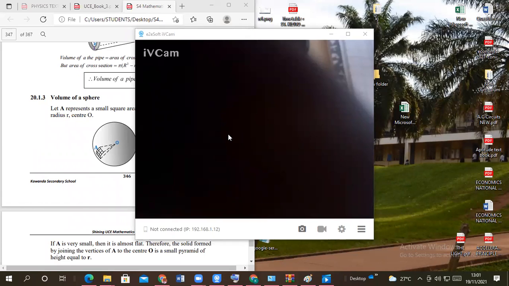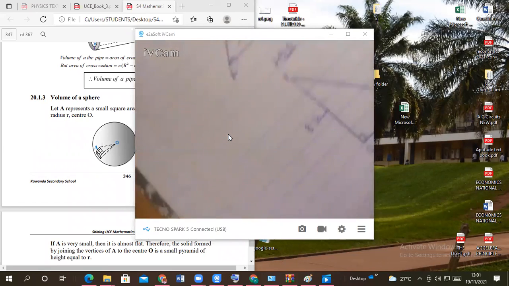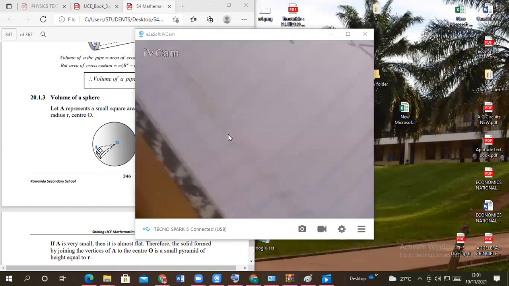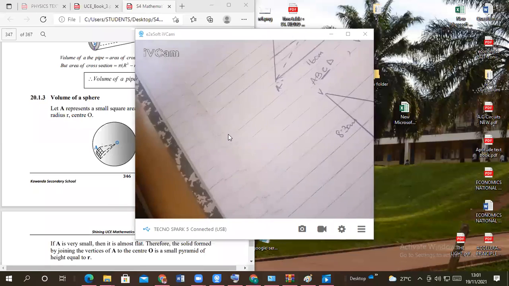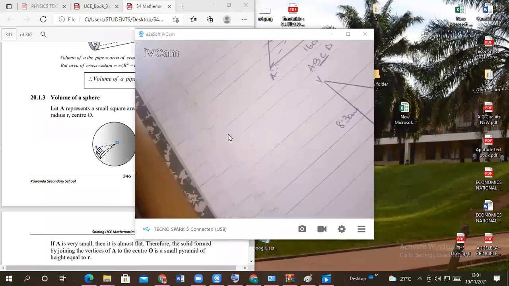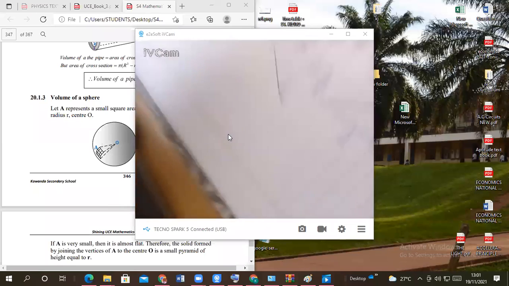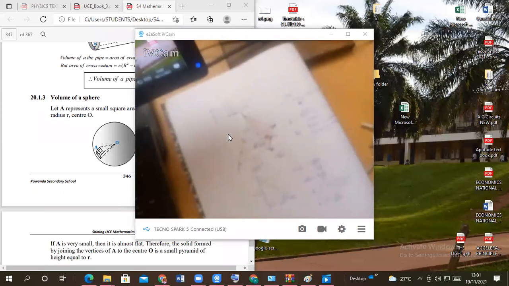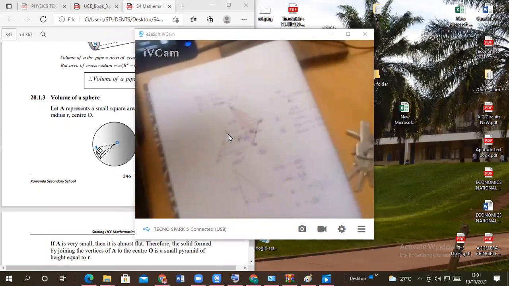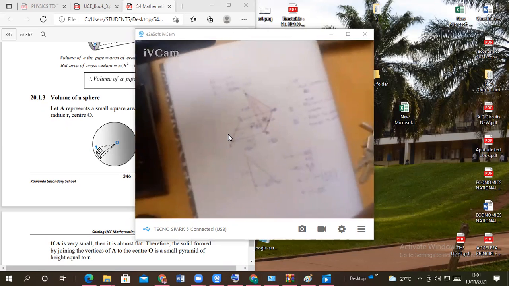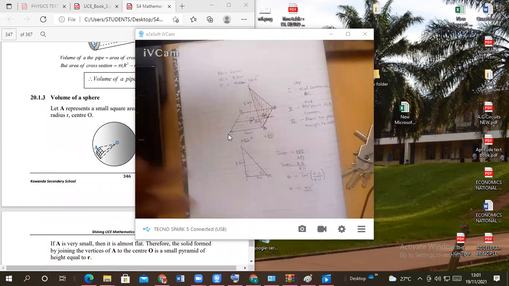I think the rain has tampered my camera, because it is using Wi-Fi. It uses internet.